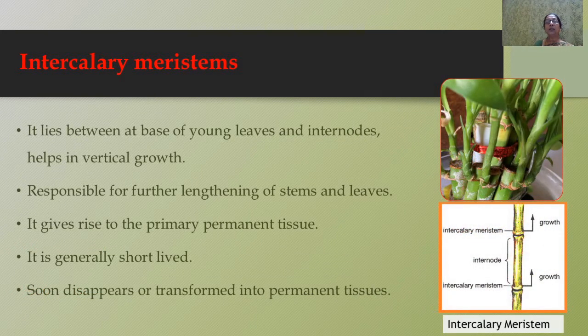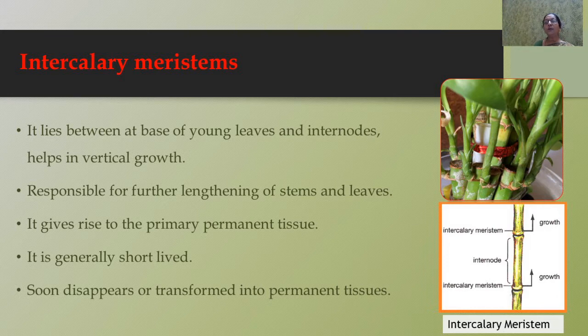Now this is the third type of meristem. The most important meristems are the apical meristem, which is responsible for the vertical growth of the plant body, and second, the lateral meristem or the cambium, which is responsible for the lateral growth of the plant body. The third one, which is not so important, is generally present in monocotyledons.